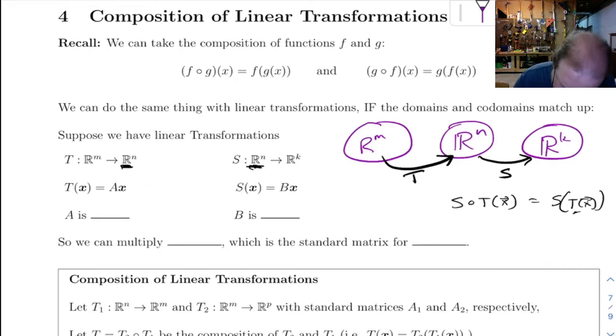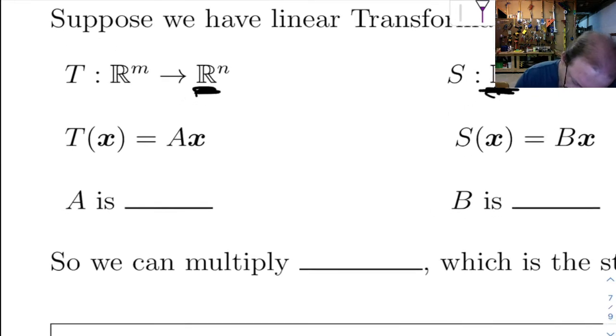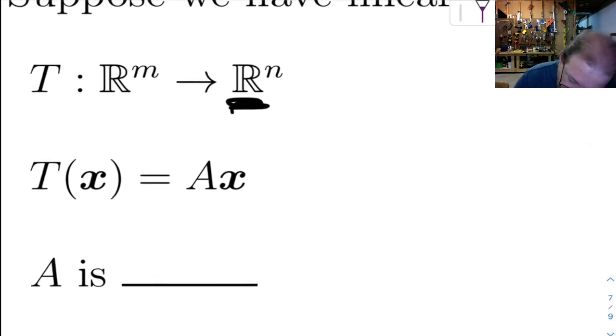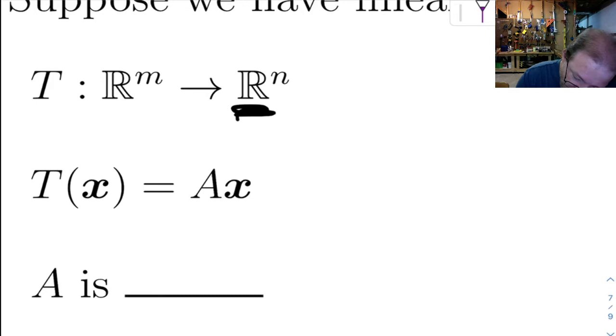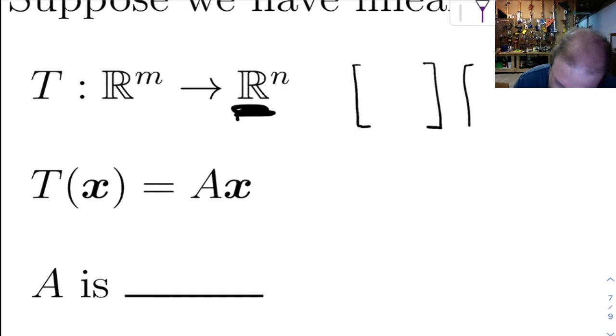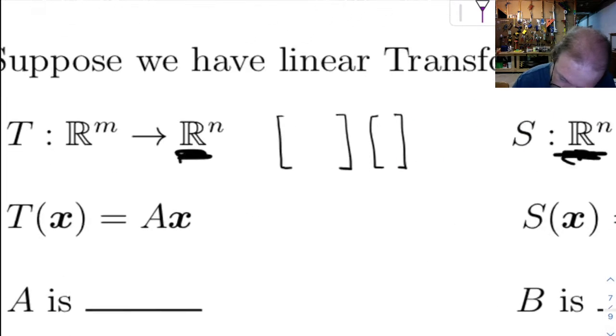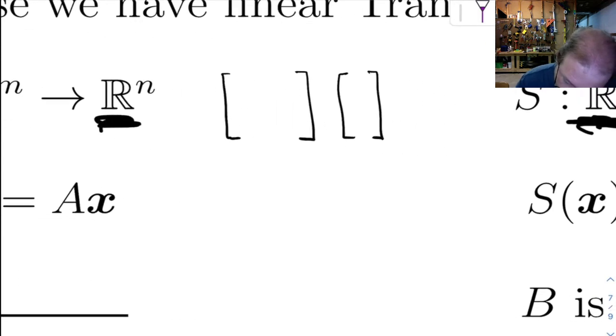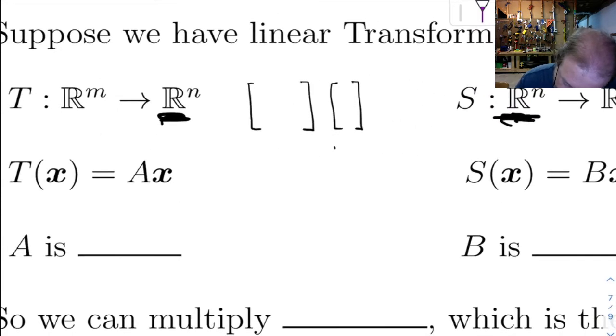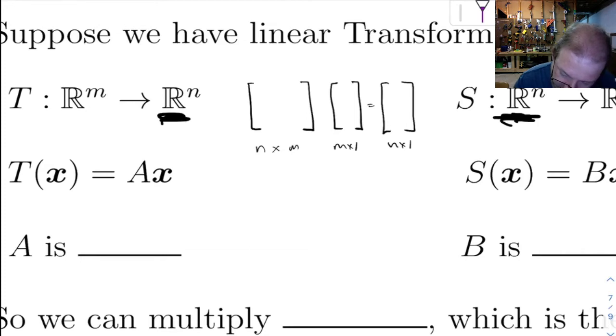Let's write this out a little bit. Suppose we've got this. I'm going to write this kind of small. If T maps Rm to Rn, that means you've got this matrix times something from Rm. So this is m by 1, and it gives us something that's n by 1. So this matrix over here has to be n by m.